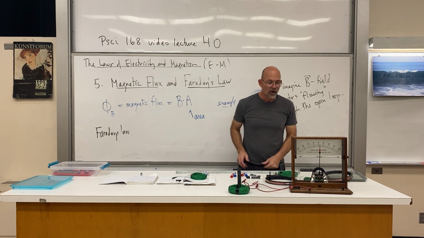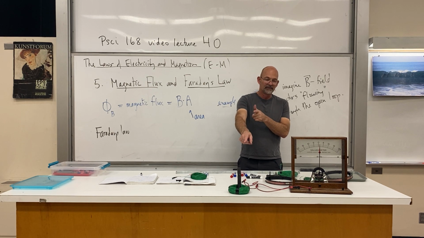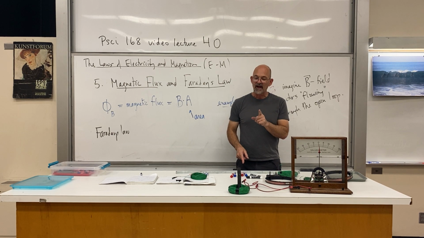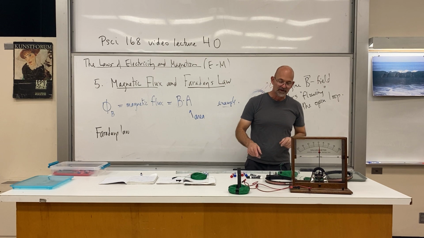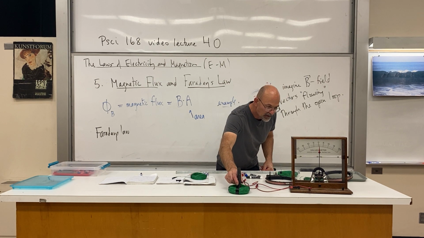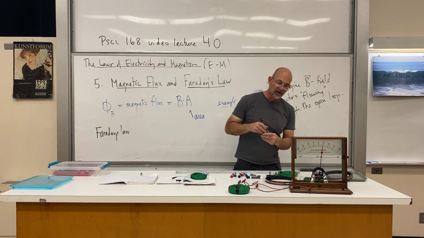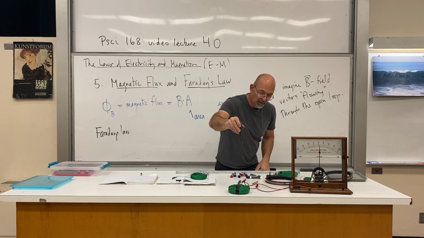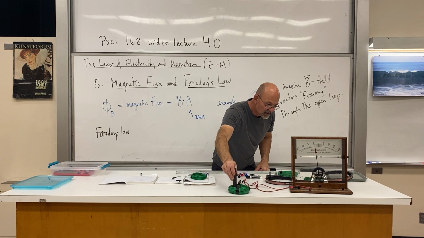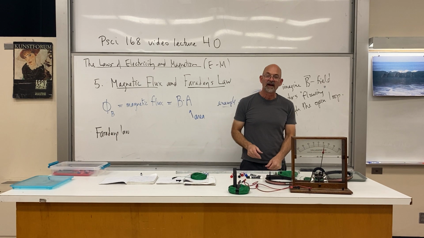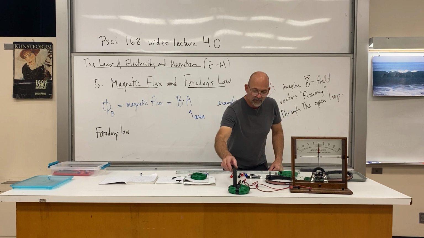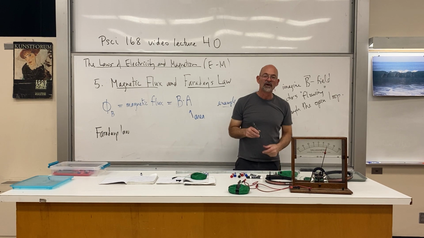So notice when there's no motion, so the magnet's in there, it wasn't just the flux, it was the change of flux. And I'm going to pull this out, and the needle went to the other side. So once again, if I bring this in, needle goes to one side, and if I remove it, needle goes to the other side.